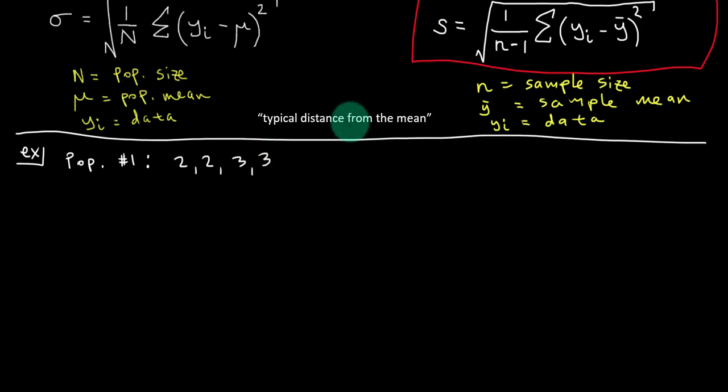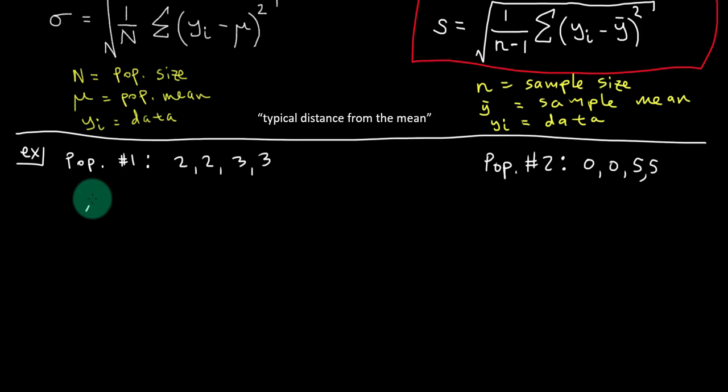All right. And let's compare that to this other population over here, population number 2, also consisting of 4 values: 0, 0, 5, 5. I would like us to guess or estimate the standard deviations of these populations with a little bit of guidance.